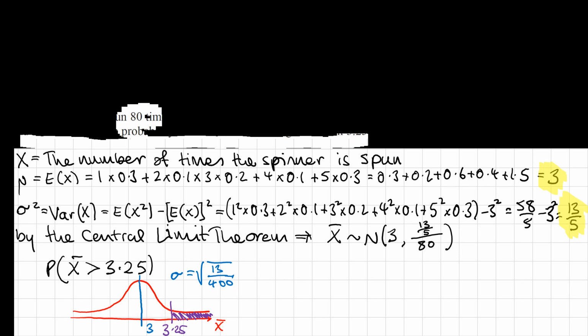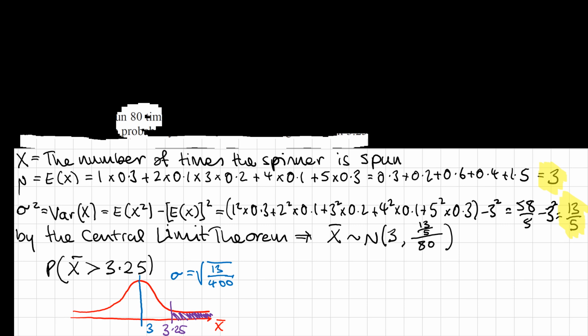So we use normal CD, we've got a lower value of 3.25, and we want an upper value at least 5 standard deviations away from the mean. I normally just type in any big number, so I've typed in 9999, that's definitely going to do the job. For my standard deviation, it's going to be the square root of 13 over 400, and then my mean is going to be 3.